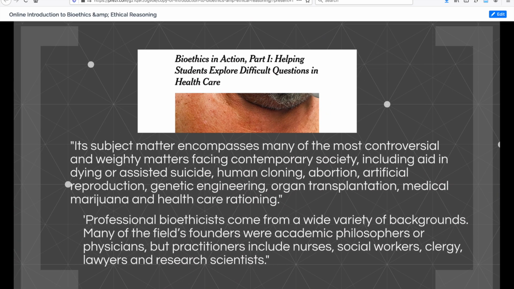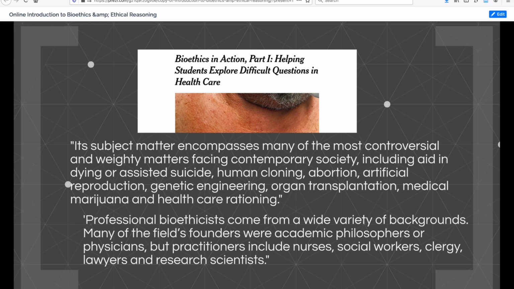In addition, it should be noted that bioethics is an interdisciplinary field, meaning that there are a wide range of people from different perspectives and with different training that are professional bioethicists, including academic philosophers, physicians, sociologists, nurses, social workers, clergy, lawyers, research scientists, doctors.